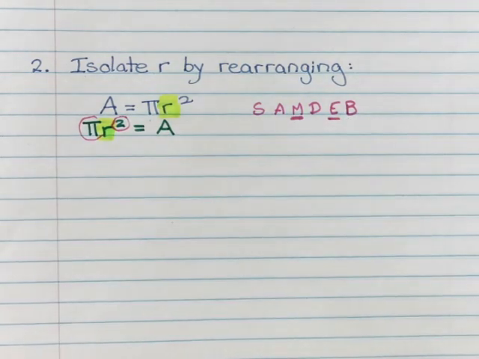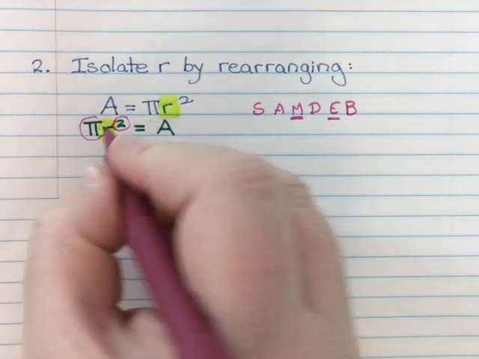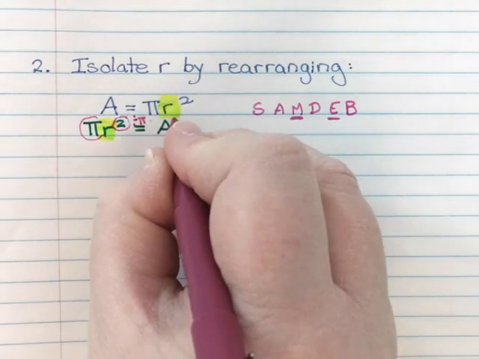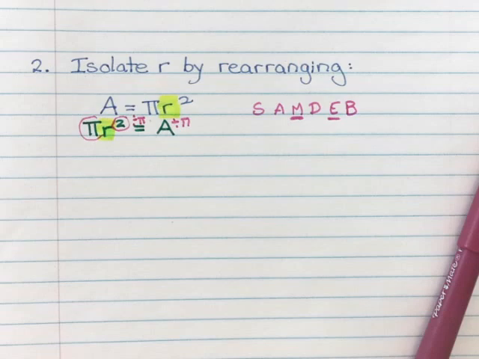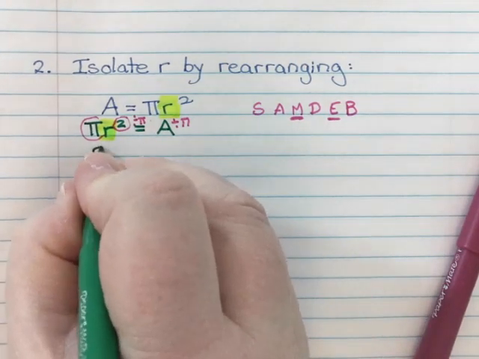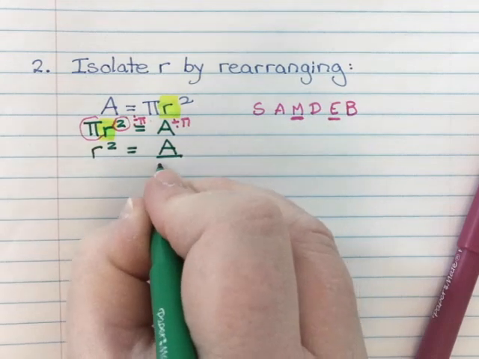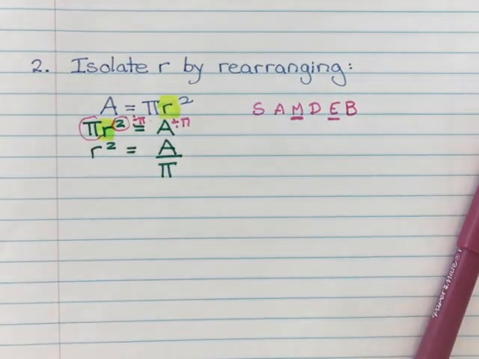So I need to start by canceling out that multiplication by pi, and then I'll deal with the square. To cancel out a multiplication with pi, I would divide both sides by pi. So I would get R squared equals A divided by pi. I always like to write my division as a fraction.